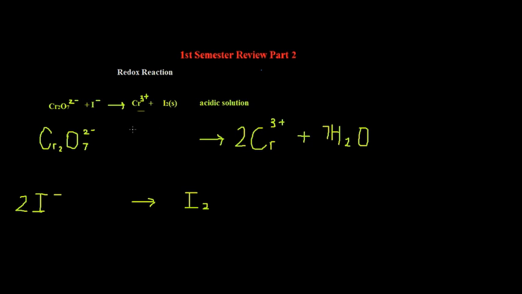And since there's no hydrogen on the left side, you would obviously need some hydrogen plus atoms to complement the hydrogen in this equation. You would need 14 hydrogen plus atoms, since there's 14 hydrogens on the right side of the equation because of the H2O.